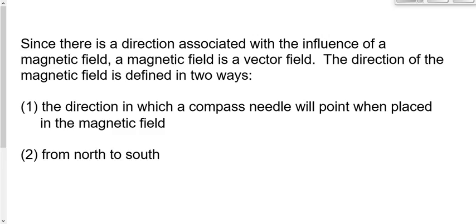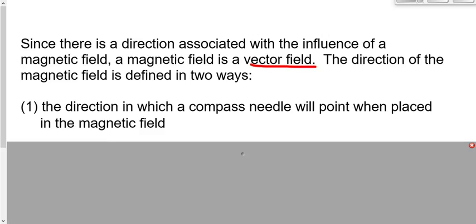All right, we're going to define the direction of the magnetic field here, and then we're almost done for the day. There is a direction associated with the influence of the magnetic field, so it is a vector field, just like a gravitational field, just like an electric field. Now, we're going to define the direction of the magnetic field in two ways. The first way, this is what you just did in your little activity. We saw which way a compass needle would point.